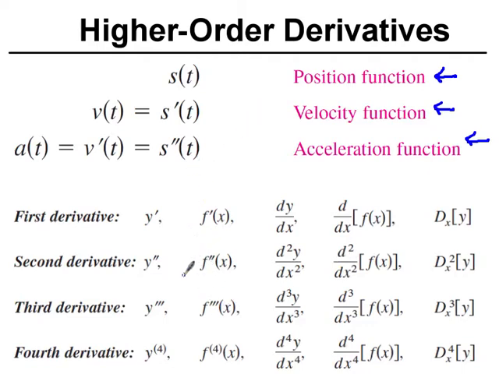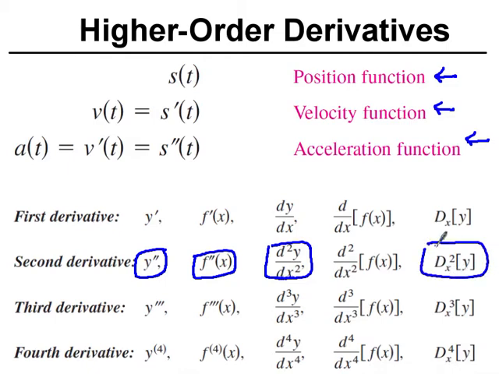It says first derivative, second derivative, third derivative, fourth derivative. These are just ways that you can write them. The important ways that you need to know: second derivative can be written that way. Third derivative can be written the exact same way as the second derivative.